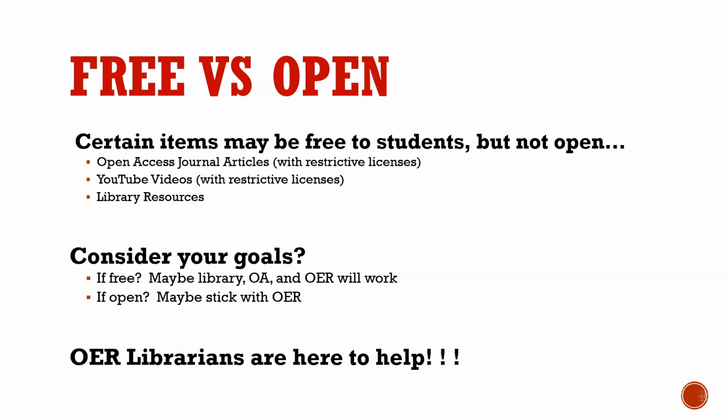So of course these items are free to students, so you can always link to an article via the library or link to a library ebook or something like that. However, because of copyright restrictions, you're not actually able to copy, paste, and change a lot of that content in your Canvas course. And so you are a bit restricted when it comes to those types of things.